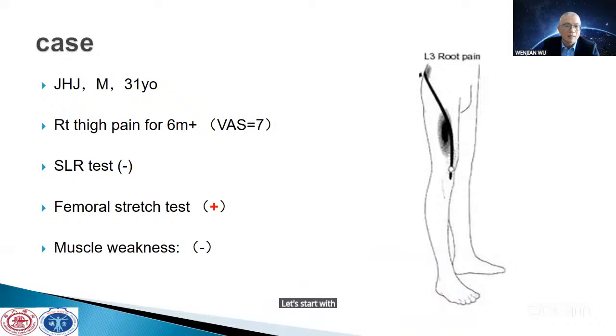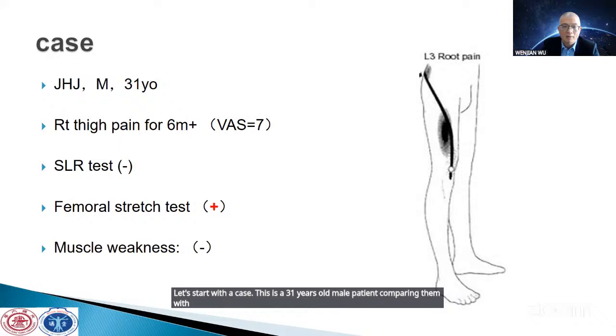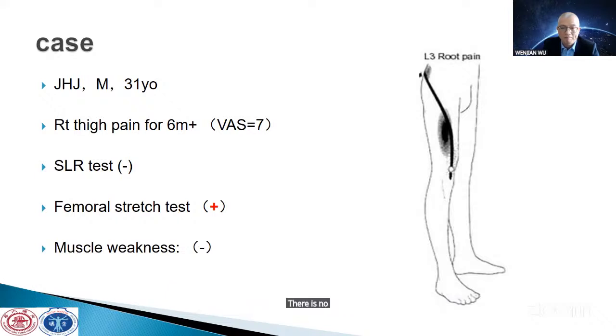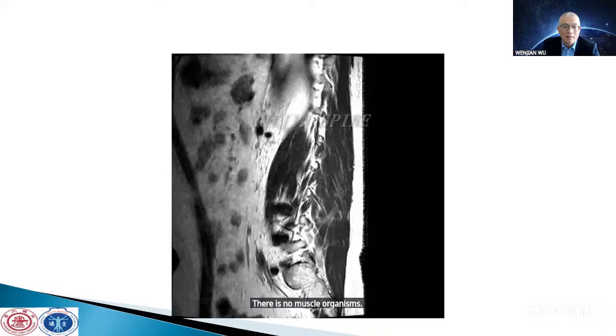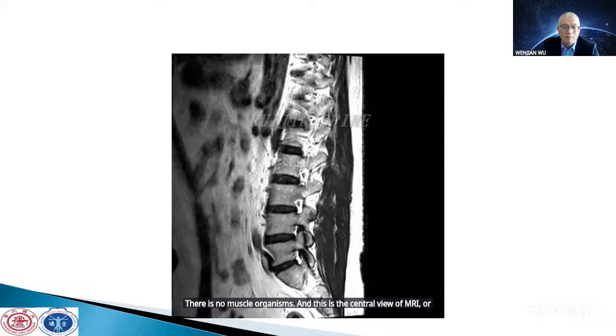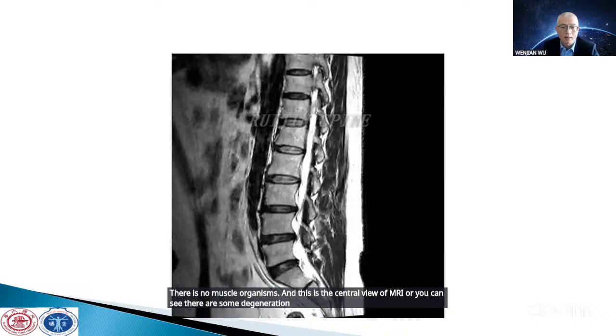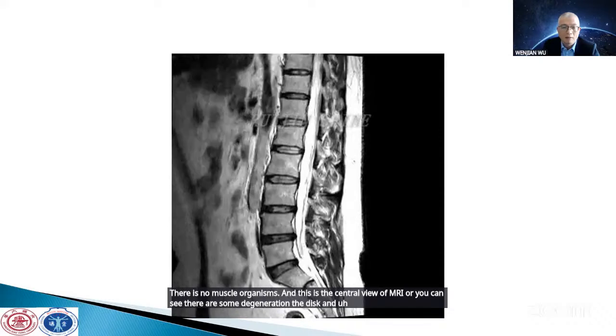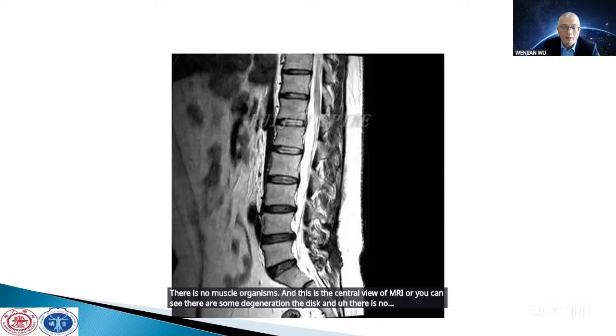This is a 31-year-old male patient who complained of right thigh pain for more than 6 months, and the VAS for leg pain is about 7. The straight leg raising test is negative, and the femoral stretch test is positive. There is no muscle weakness. In the sagittal MRI you can see some degeneration of the disc, but no obvious severe disc herniation.